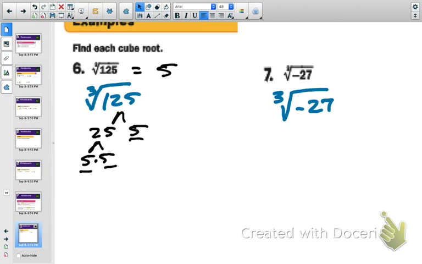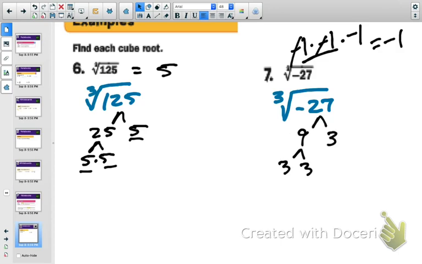Now, if you remember, with a square root, you can't take the square root of a negative. But with a cube root, if I have 3 negatives, like negative 1 times negative 1 times negative 1, well, negative 1 times negative 1 is positive 1. So those ones cancel. But then I'm left with 1 more negative. So with a cube root, you can have negatives on the inside, because 27 breaks down into 9 and 3, and 3 and 3, and then we have a negative.